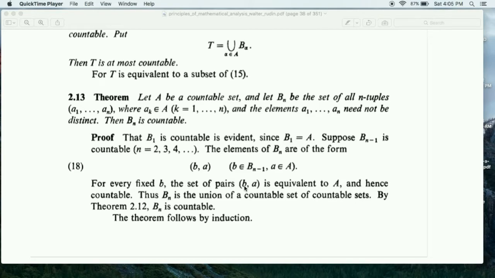Now for each such b, we get the set of pairs (b, a) as equivalent to capital A. As we vary b, we get a union of a countable set of countable sets. So B_n is countable, and since n was arbitrary, it follows by induction that this holds for every n.